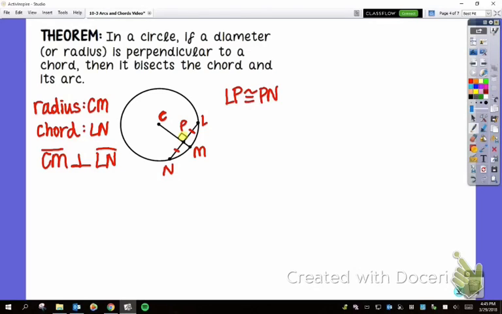Okay, the other thing that we would know is that our arcs are also going to be congruent. So arc LM would equal arc MN. So we would have arc LM is congruent to arc MN. So we are going to look at some examples based off of that.